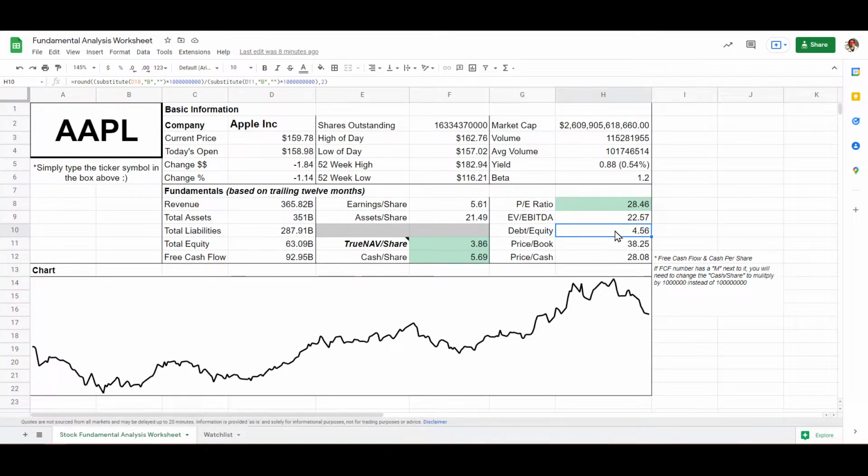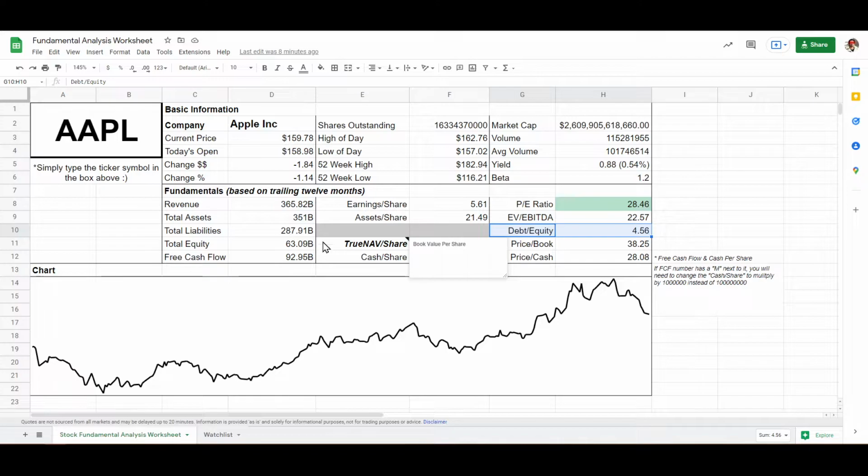So if I'm going to make a new purchase, I don't like to see the debt to equity ratio over 2. I'd rather see it under 2, and even better under 1.5, because if a company has good revenue, has good assets, and has good cash flows, and doesn't have to take out a lot of debt to fund its operations, then that's definitely a good thing.